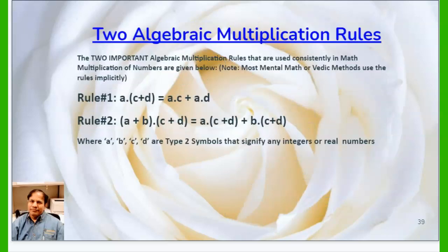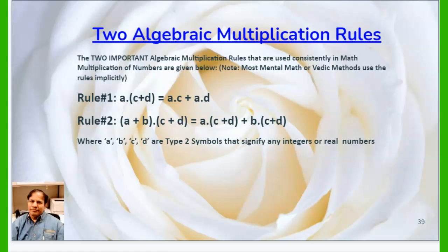These Vedic rules from the classical times have been generalized in pre-algebra or algebraic multiplication rules as used consistently in math multiplication of numbers, be it integers, real numbers, or complex numbers.